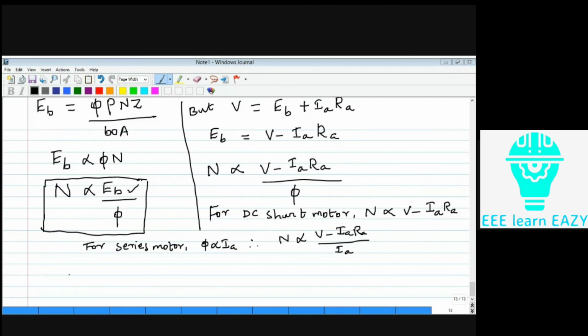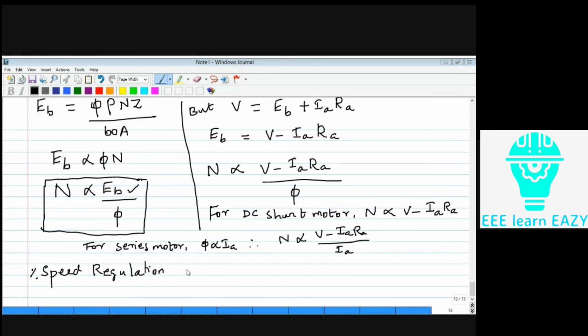Next is a term we have, speed regulation. So what is the meaning of speed regulation? It is the ratio of change in speed between no load and full load condition to the speed corresponding to full load. Mathematically, it is generally expressed as a percentage.